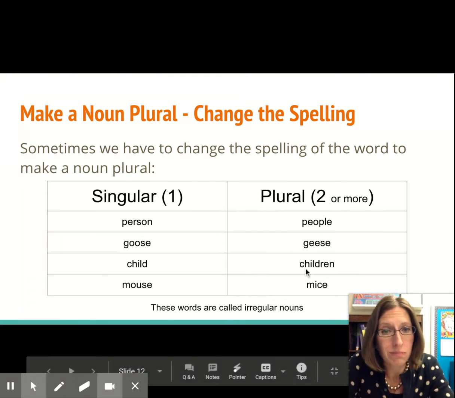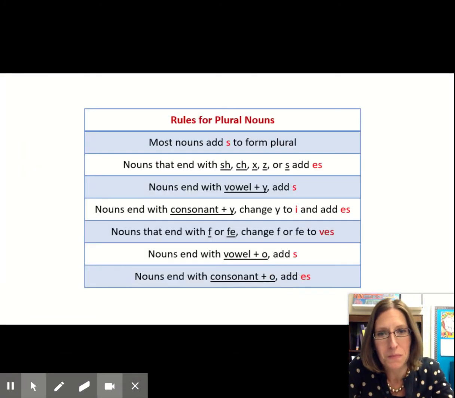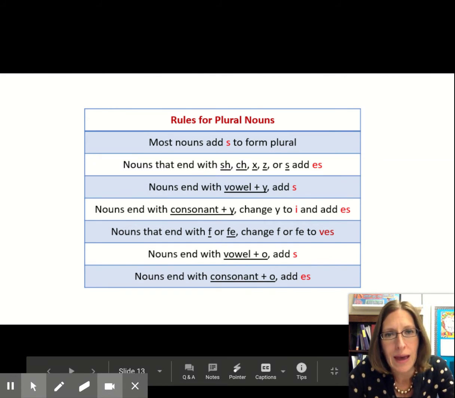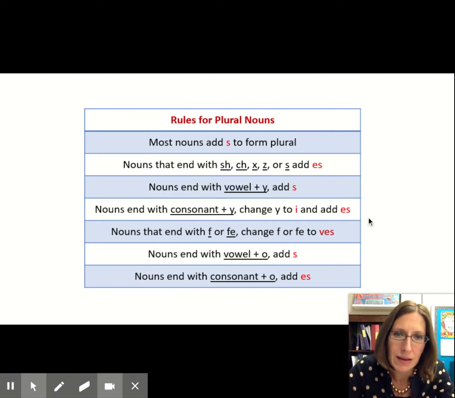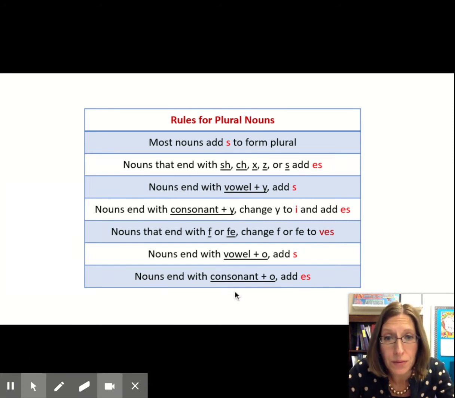One mouse, and 2 or 3 or 4 or 79 mice. All right, so there are a few other rules for when we have to add s or es, but we're not going to go into all of these rules. If you were wondering, there are a few other rules for when to add s or es.